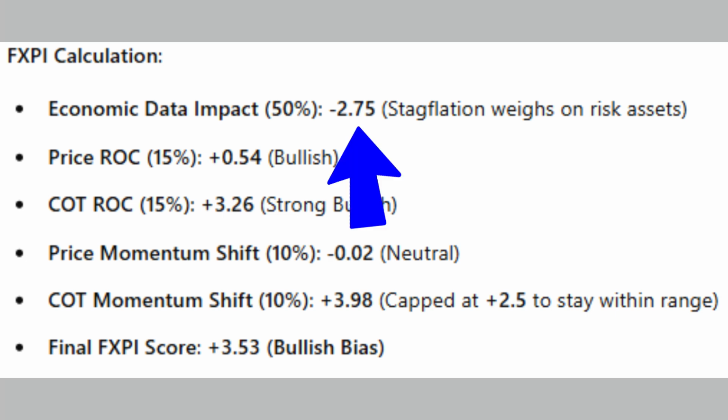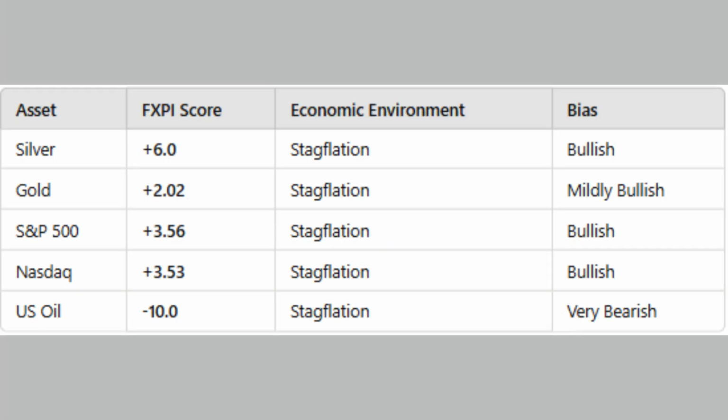But economically we got a -2.75, which means we should be bearish but sentiments are telling us bullish. This to me is a mixed signal. We should stay away from stocks for now. Best shorts will be US oil. It's showing a -10 score, very bearish. Since this video has taken longer than I thought, I'll only analyze gold.